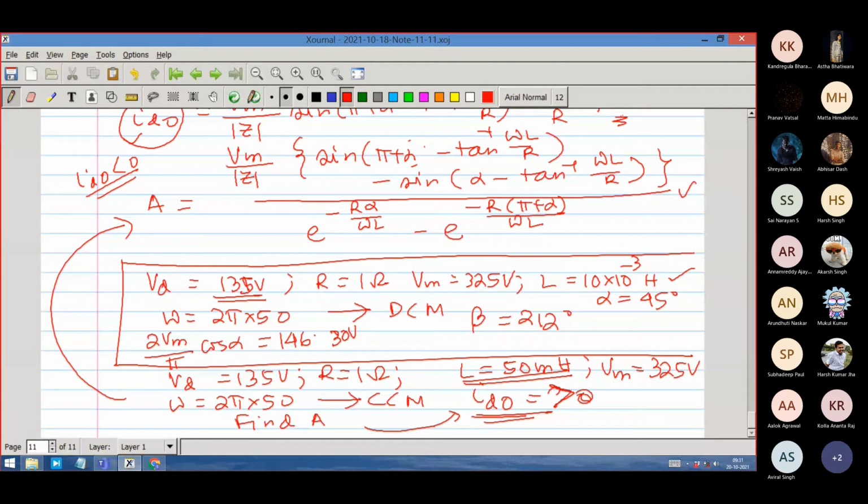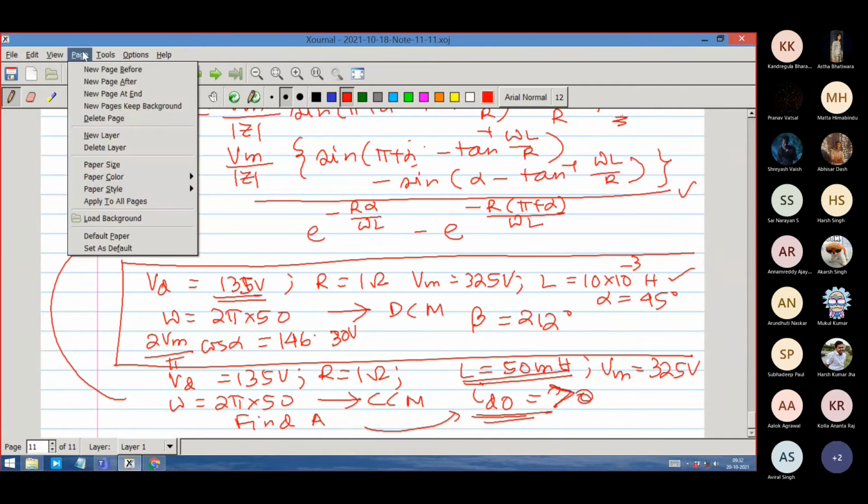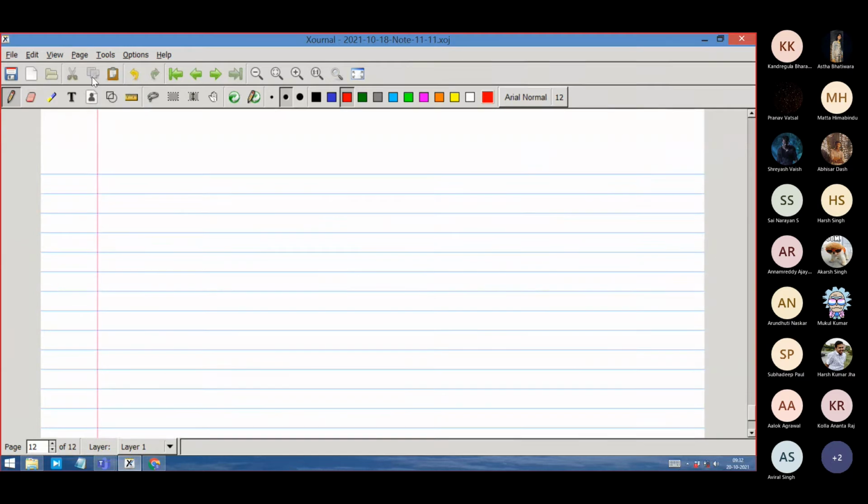I forgot to do this one, but I had done a much simpler one structure-wise. What is the simplest structure in this case? Continuous conduction mode, with VD equal to 0. That is more likely to make it continuous conduction mode. So I had done that, and I will tell you what I got.